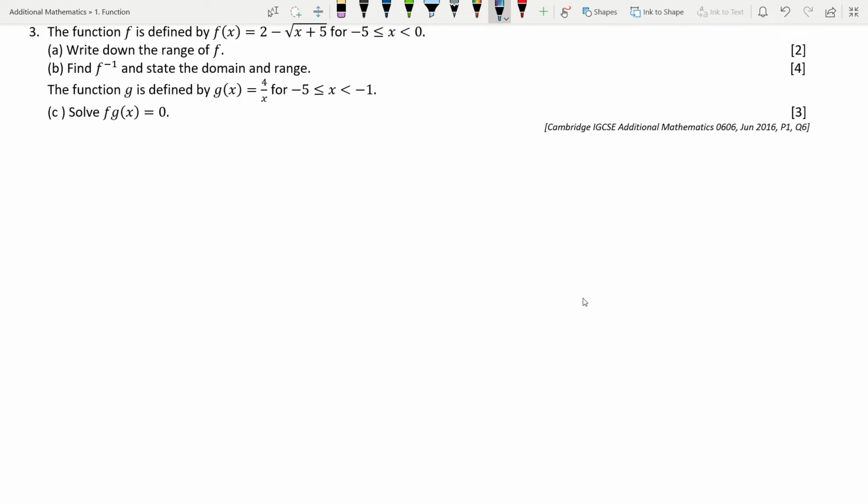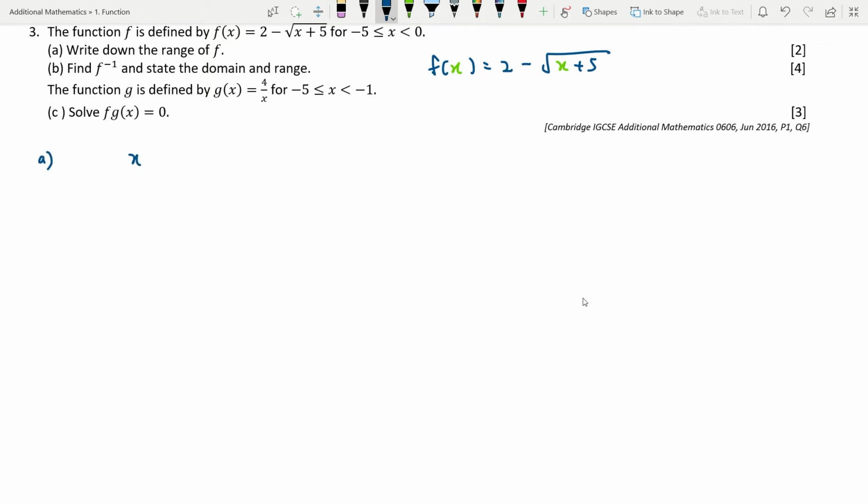Question 3. The function f is defined by f of x is equal to 2 minus square root x plus 5 for x between negative 5 and 0. A. Write down the range of f.